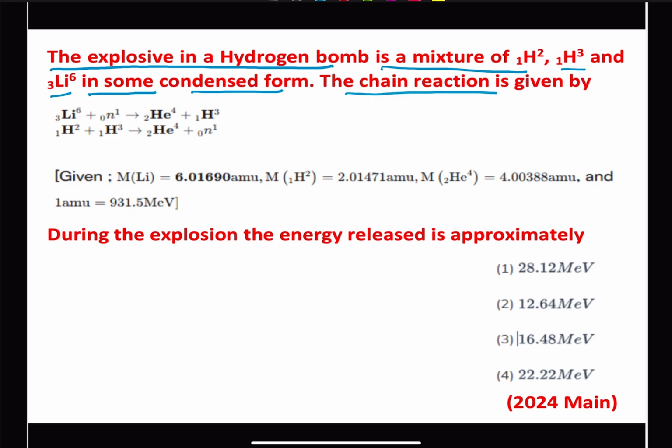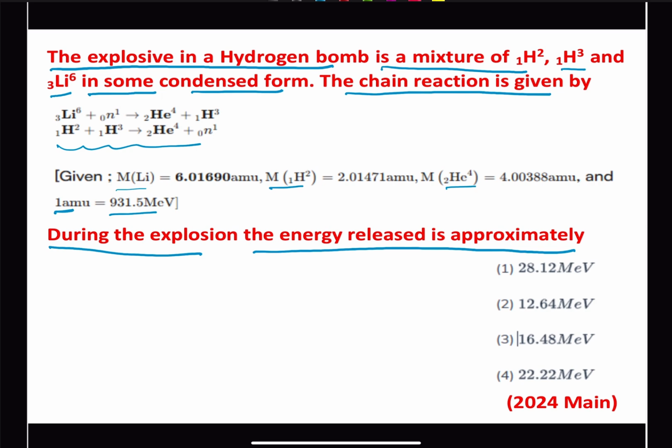The chain reaction is given by, so we are given the reaction of our hydrogen bomb, and it is given the mass of lithium, mass of H2, mass of He4, as well as it is given that 1 amu is 931.5 mega electron volt. So the question asked is, during the explosion, the energy released is approximately. Okay, so we have to find out what will be the energy released when the bomb explodes.